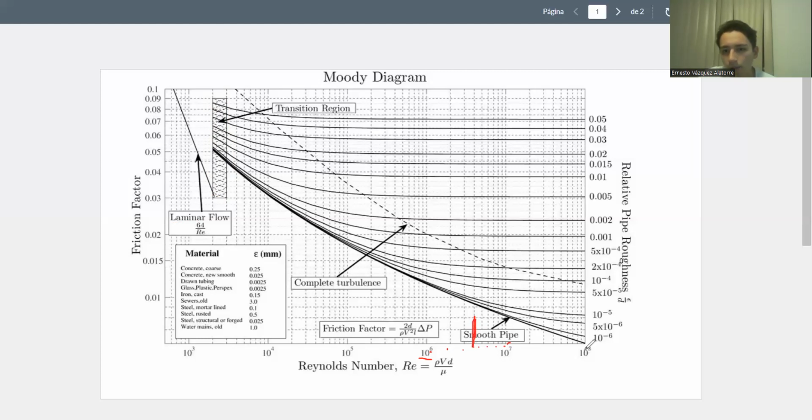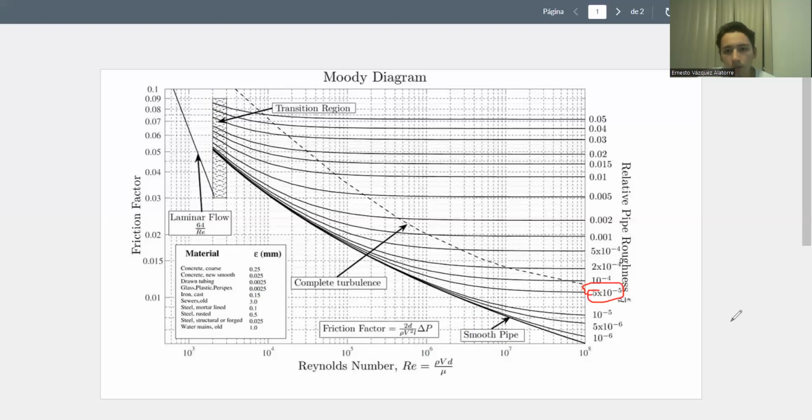Now, assume you have a smooth pipe, for example a PVC, with 0.0025 divided by the diameter, let's say a 40 millimeter diameter, and you get a value of 6 times 10 to the minus 5, which is going to be around here.